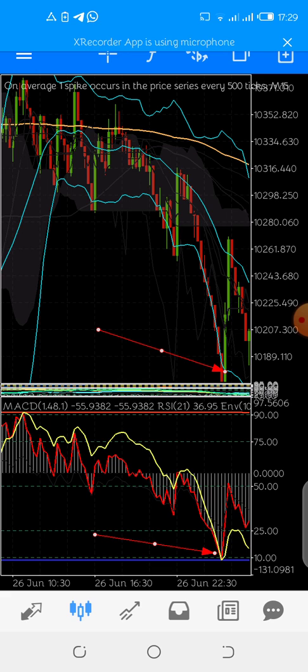Okay, so when the chart is outside of the Bollinger Band, then you know it will be reversing as long as it's gotten to level 90.